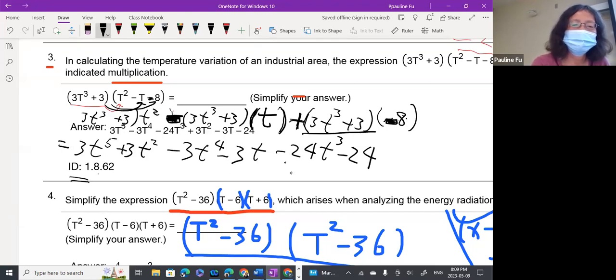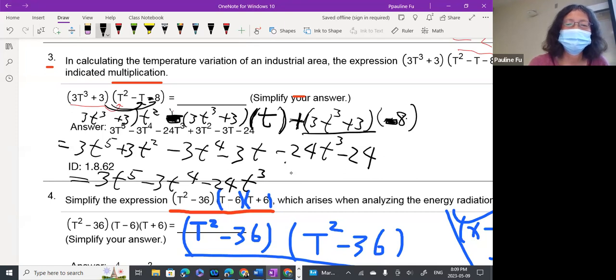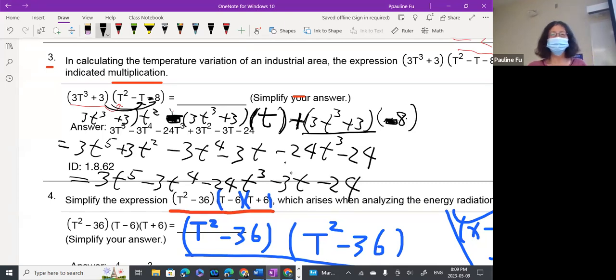Okay, so 3t raised to power fifth, and then -3t raised to power 4, and then -24 raised to power 3, t raised to power 3, and then where is the t? -3t, constant -24. When you write down the polynomial final result, write it in descending order, the highest degree first.